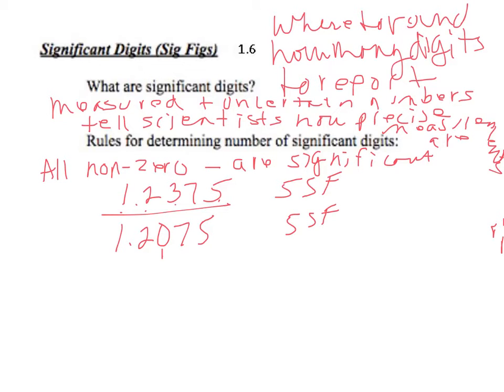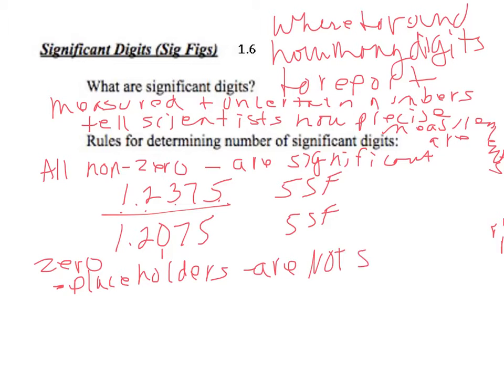The question you have to answer when you're talking about sig figs is whether or not zeros are significant. And it's only zeros that we're concerned about that may or may not be significant. So the rules on zeros, so this is the zeros rule, is placeholders are not significant.